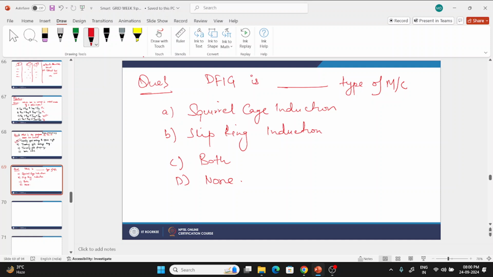B. B, slip ring induction is the right answer. This is the correct answer.